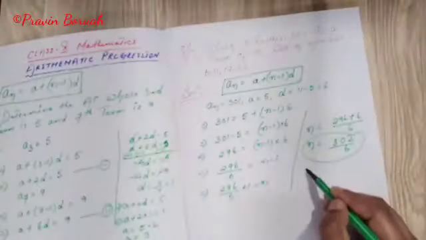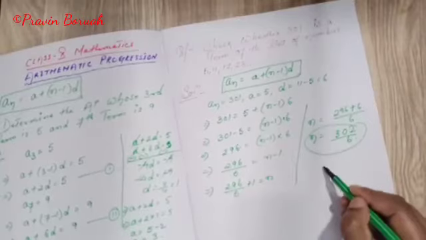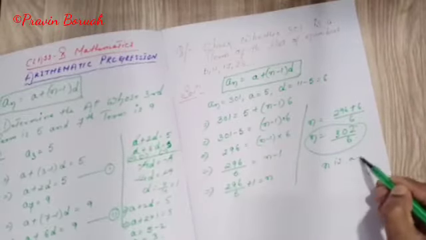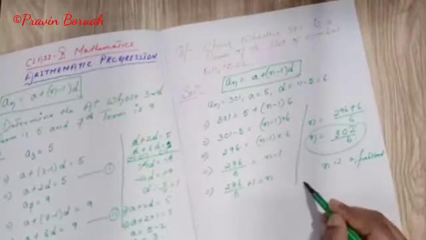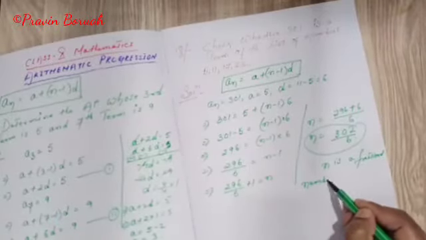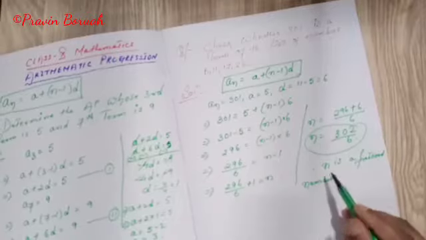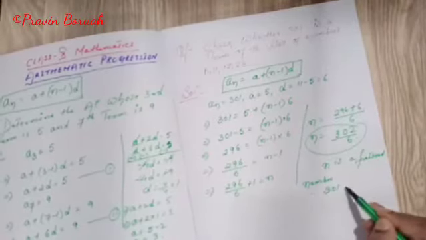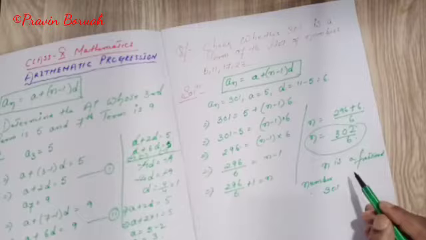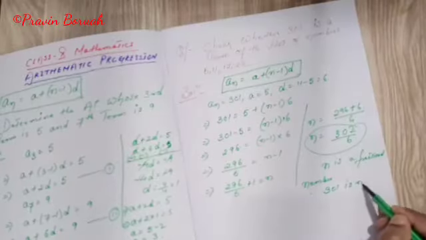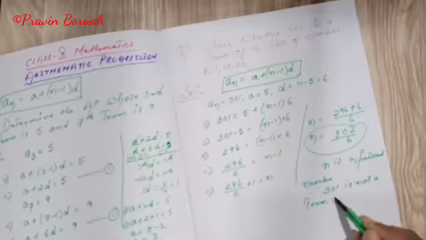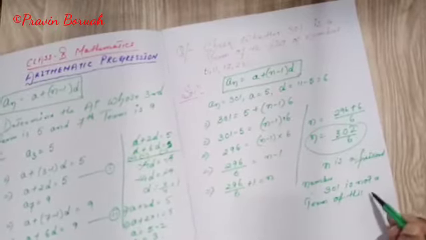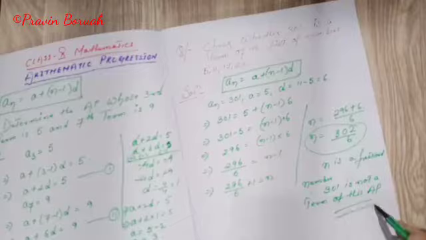Therefore n is a fractional number, therefore 301 is not a term of this AP.